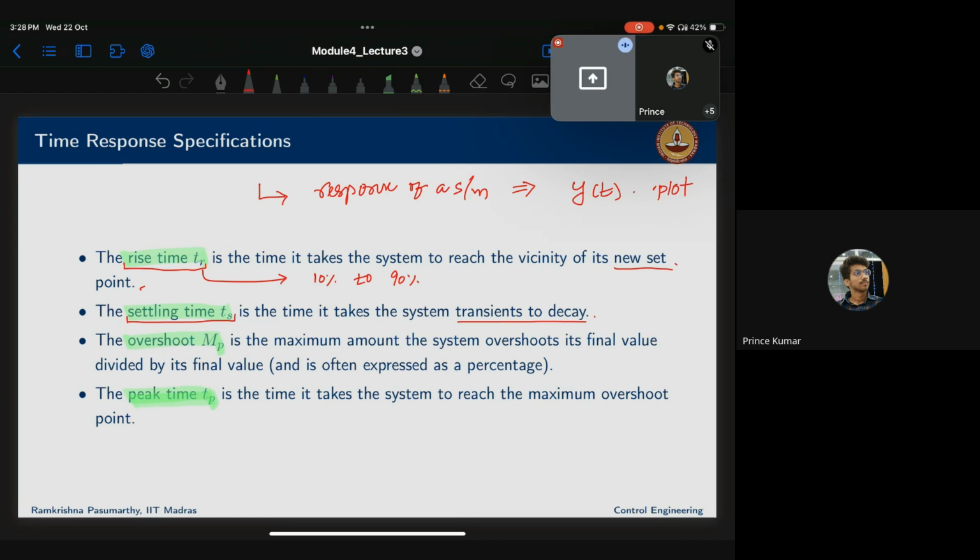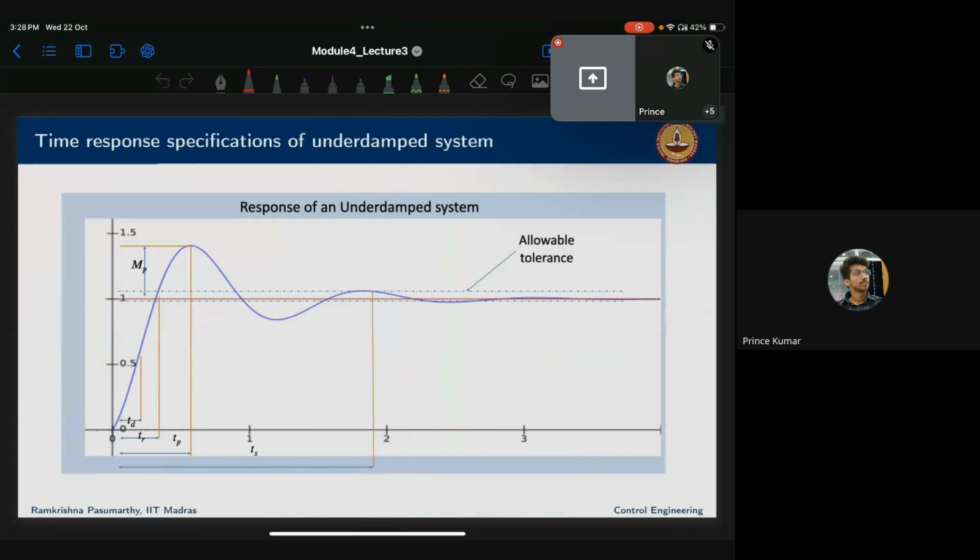Overshoot is defined as the maximum amount the system overshoots its final value, divided by the final value. Peak time is the time it takes for the system to reach maximum overshoot. Now let us see one by one for the second order system. So the definition here you can see.